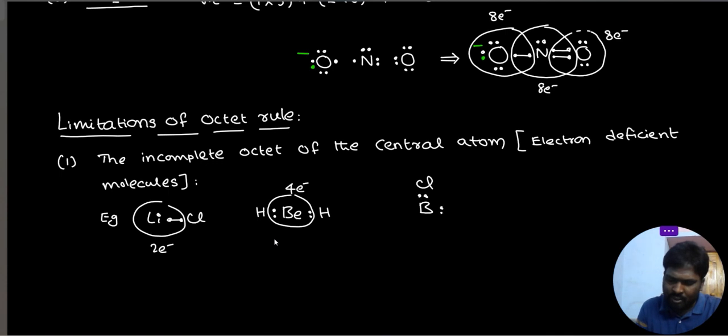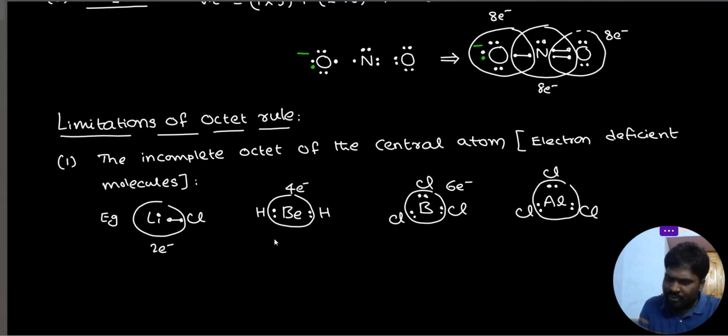Boron trichloride or boron trifluoride. Around the boron, 6 electrons, less than 8 electrons, so electron deficient. AlCl3, around the aluminum 6 electrons, less than 8 electrons, so it is an electron deficient molecule.